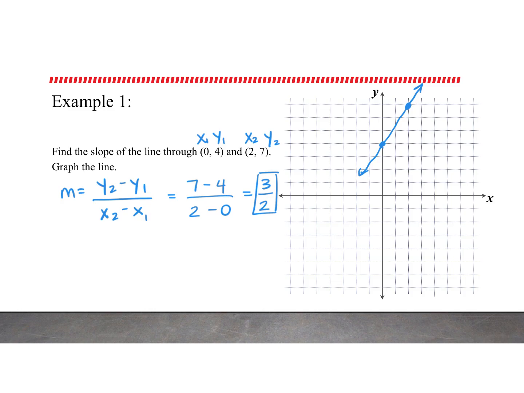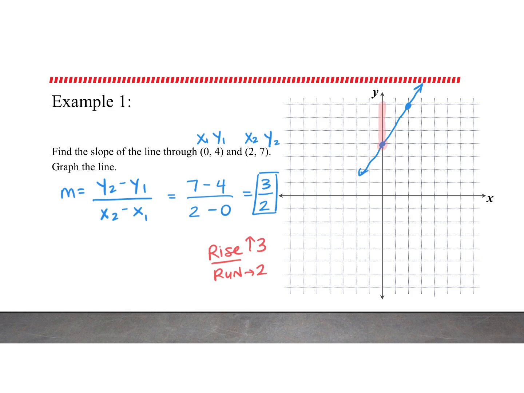Now, I just want to make sure you can see this. Slope is in this form again of rise over run. So 3 is on top, 2 is on bottom. So we should be going up 3 and to the right 2 from one point to the next. So if we start here at 0, 4, watch as we go. We go up 1, 2, 3.